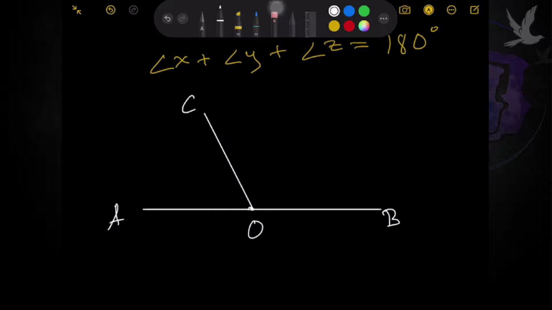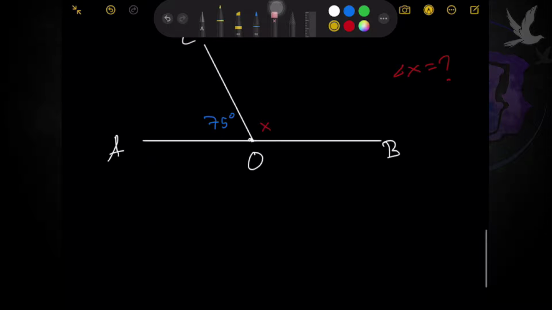Let's say this is point C. You are tasked to solve for this angle over here, let's say angle X. So angle X is missing, and this other angle should be given, because if it is not given, you will not be able to solve for it. Assuming that this is roughly 75 degrees, how do you solve for X?